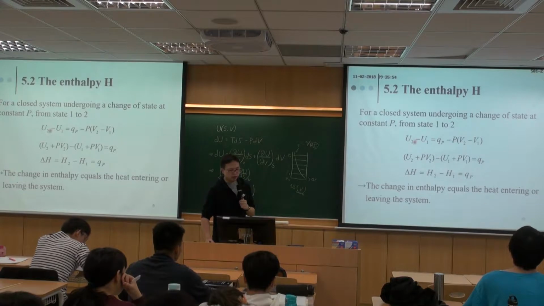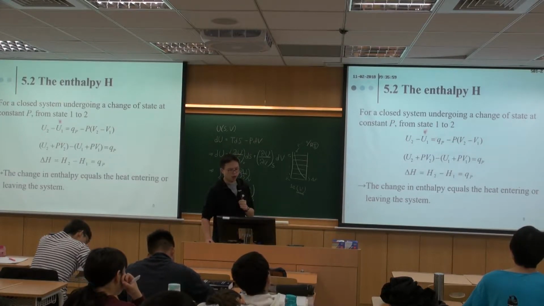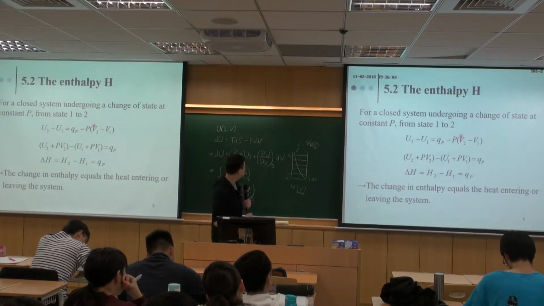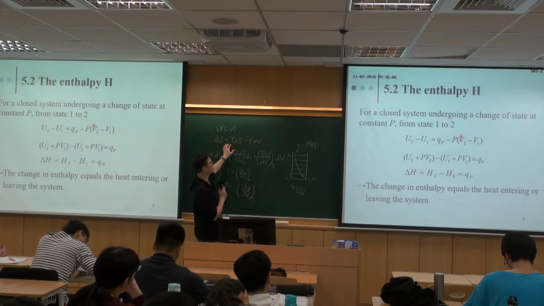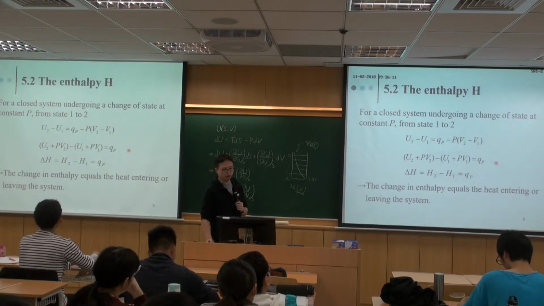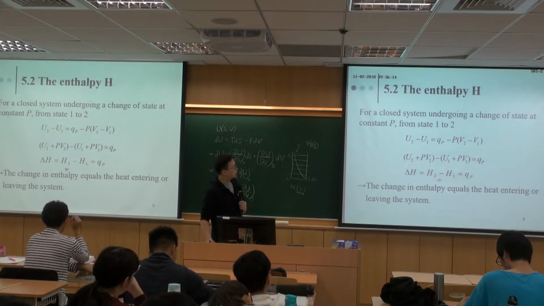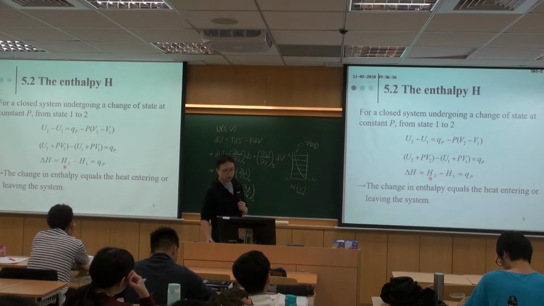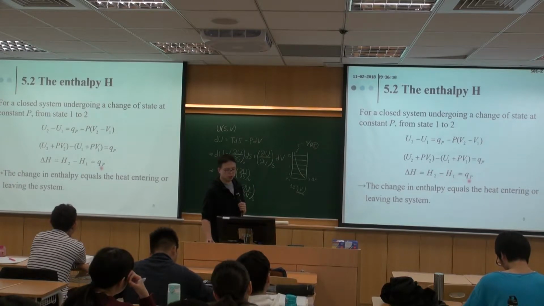Okay, and so if we're dealing with a constant pressure process, then the change of internal energy is the heat minus the work. If you use this expression, then U plus PV will be a good measure of the change of heat, right? So delta H, or H2 minus H1, is just the heat absorbed by the system.